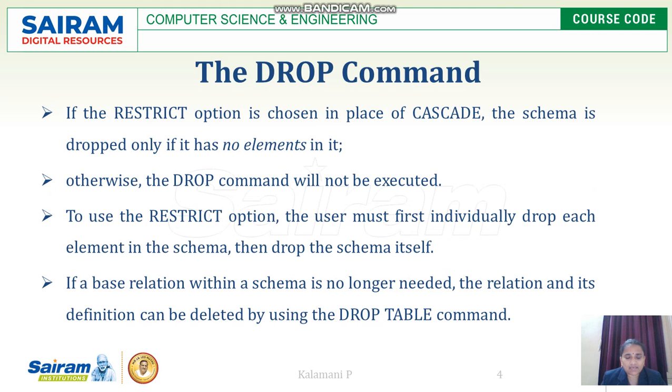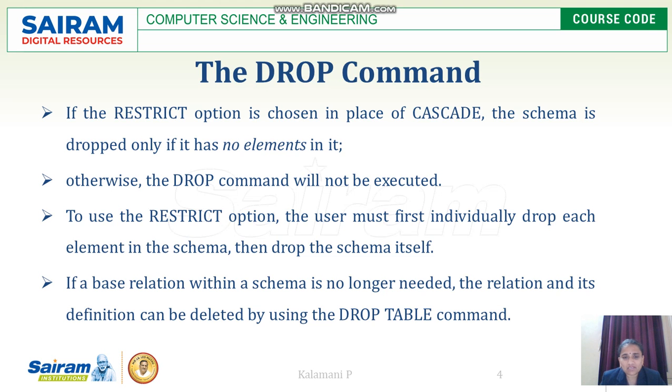In the restrict option, the schema is dropped only if it has no elements in it. Suppose we want to drop a particular schema: before dropping that schema, all the elements present in the schema should be removed. In that case we can use restrict. If we want to apply the drop command before removing the elements, we can use cascade.